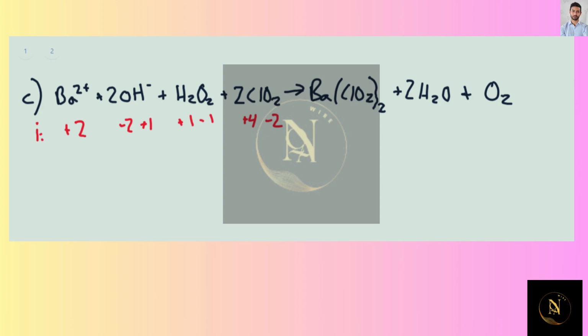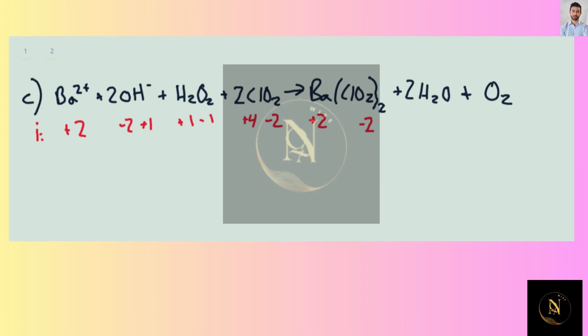In barium, we again have +2. For the chlorine here, the oxygen is -2, which means that the chlorine has to be the same as before.